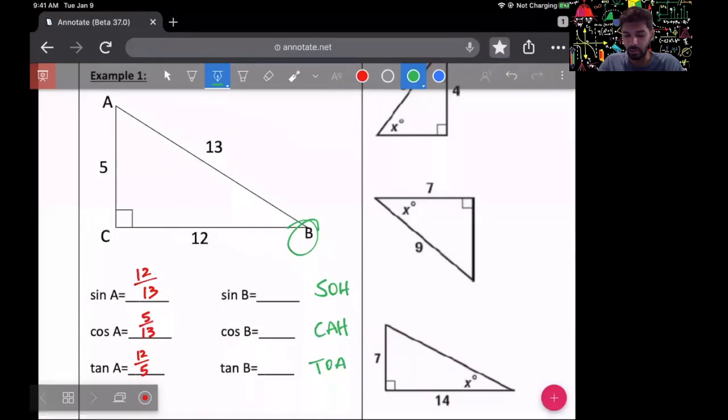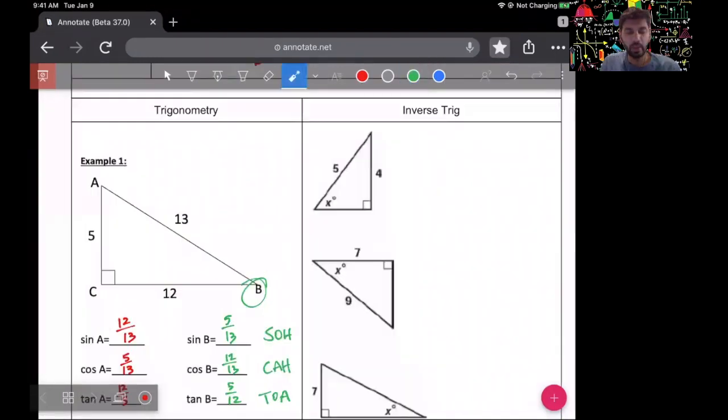For SOH, sine of B is opposite over hypotenuse, 5 over 13. Cosine is adjacent over hypotenuse, 12 over 13. And tangent is opposite over adjacent, 5 over 12.